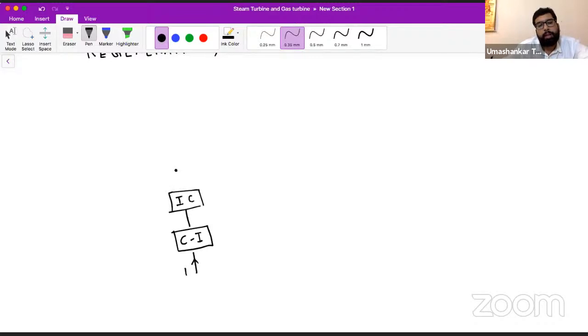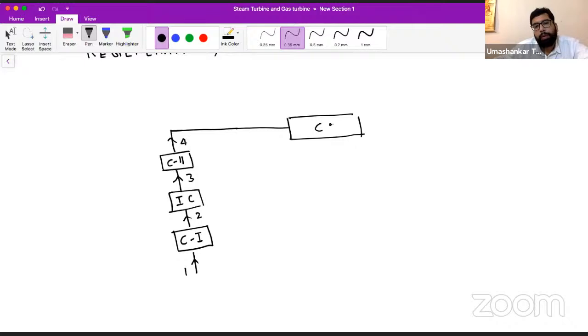From this intercooler it goes into the next stage compressor, and from there to the combustion chamber. This is point 1, this is 2, this is 3, this is 4. Then from the combustion chamber we exit at point 5.